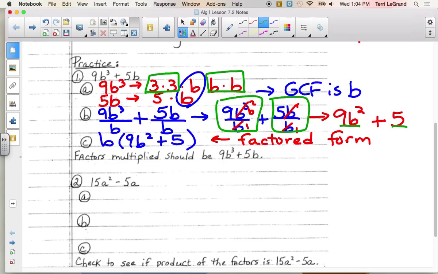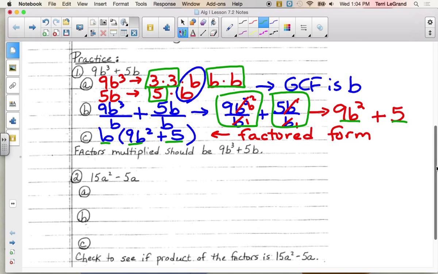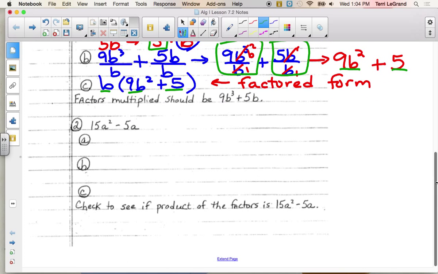After we take that b out of this one, we have a 5 left. So in reality, same thing, right? We're saying, I'm going to divide a b out of both of them. That's this right here, and this is what's left after I do. Okay? So let's try that with 15a squared minus 5a.